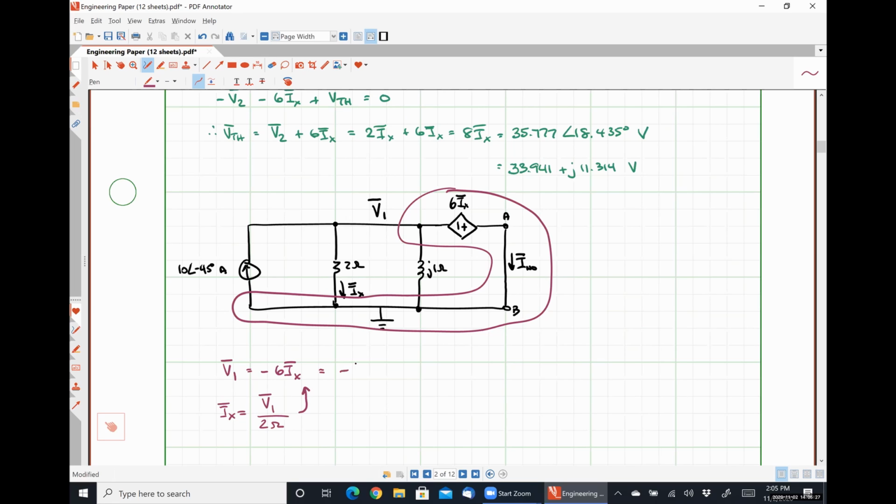So I get negative 6 times V1 over 2 ohms. 6 over 2 is 3. So I can see that V1 is equal to negative 3 V1, or 4 V1 is equal to 0. My algebra is correct here, which it is. What does that tell me about V1? V1 is equal to 0.